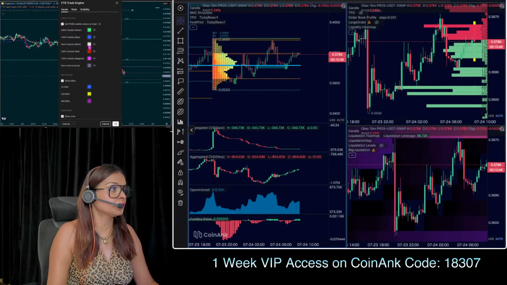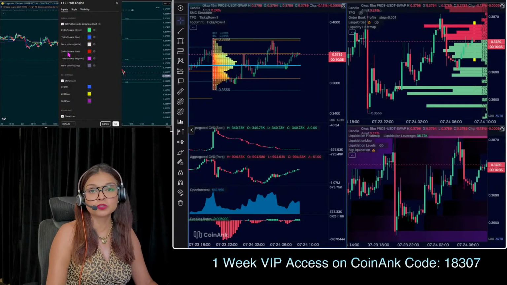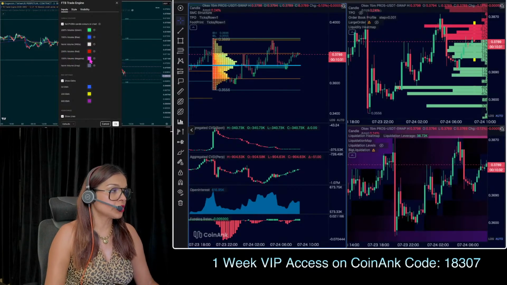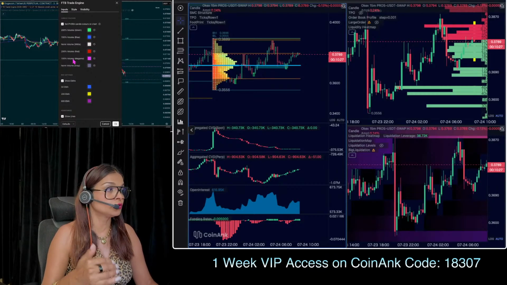The white is a normal candle, normal volume. The red candle is a 200% volume increase to the downside, obviously. The magenta is a 150% volume increase to the downside.